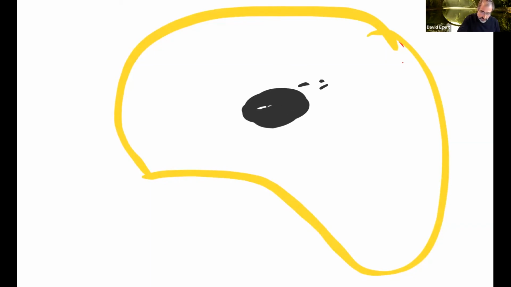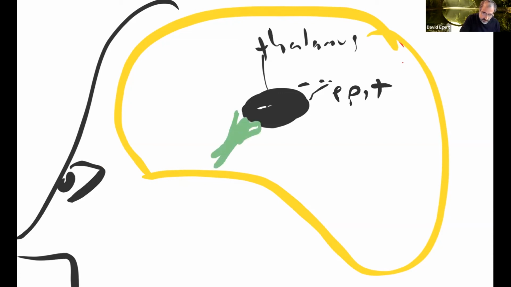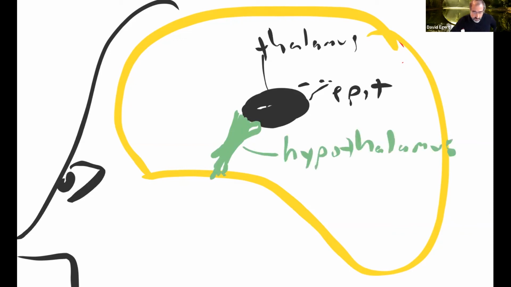Here was the epithalamus. We have to make sure you get the face. So the hypothalamus is coming off the bottom, kind of anterior. The hypothalamus is connected to the pituitary gland.